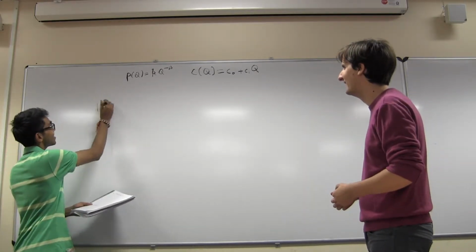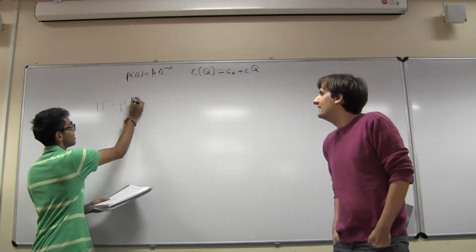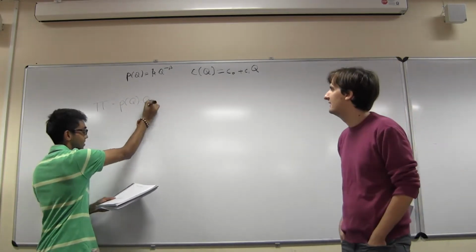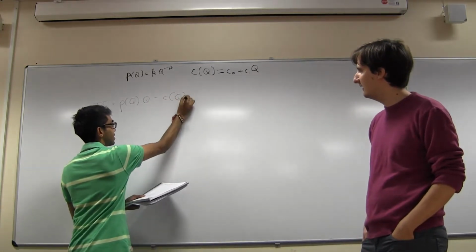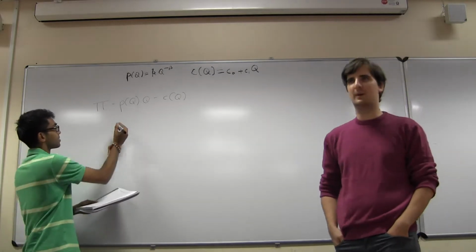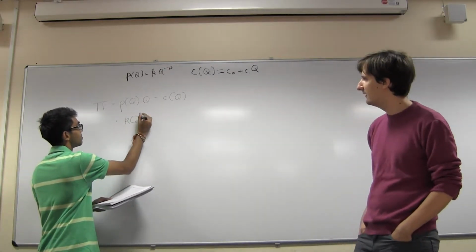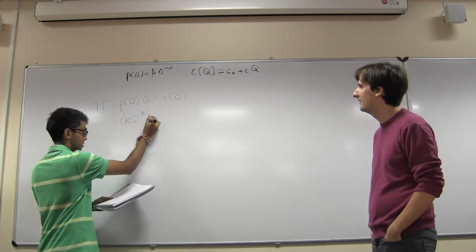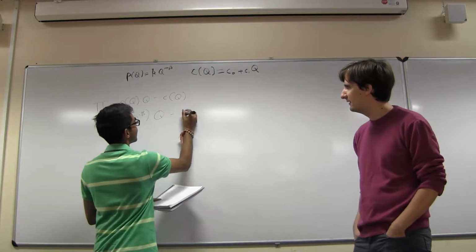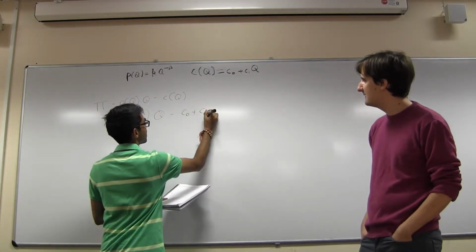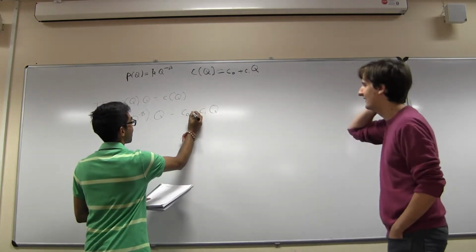Okay. So you have the profit, which is P(Q) times Q minus cost. Yeah, so profit is price times quantity minus cost. Which is K Q to the minus beta times Q minus C1 Q. I should do the brackets, yeah.